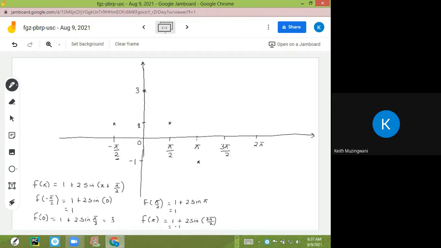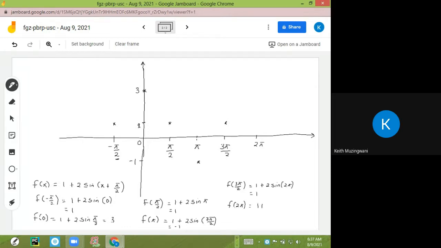And then we substitute 3 pi over 2. So we get 1 plus 2 sine 2 pi. Because 270 plus 90 is just 360. Now sine 2 pi, that is just 0. So we get 1. So we go back to 1. And then we substitute 2 pi.